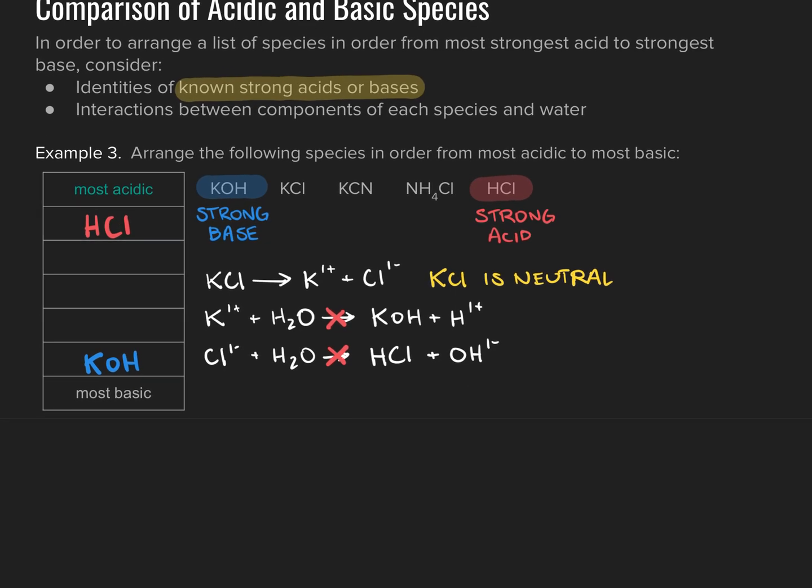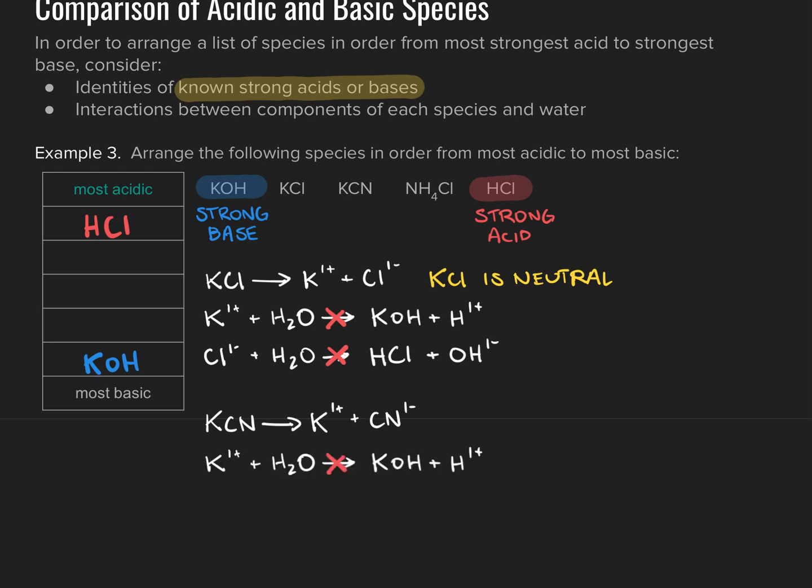Potassium cyanide is a salt which will be formed from, again, the reaction between potassium hydroxide, a strong base, and now hydrocyanic acid, HCN, a weak acid. And again, the same is true of the potassium ion as in the previous example species. That is, it is the conjugate acid of a strong base and therefore an incredibly weak conjugate acid.